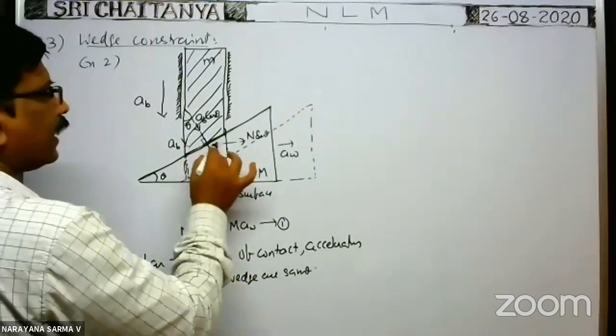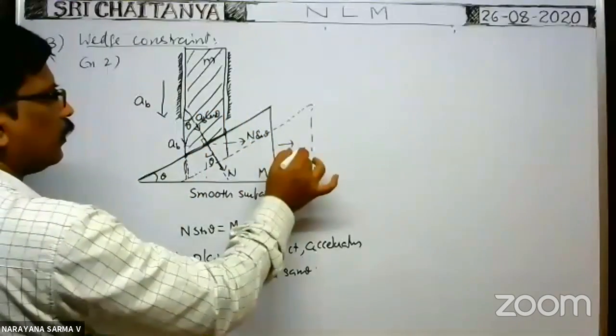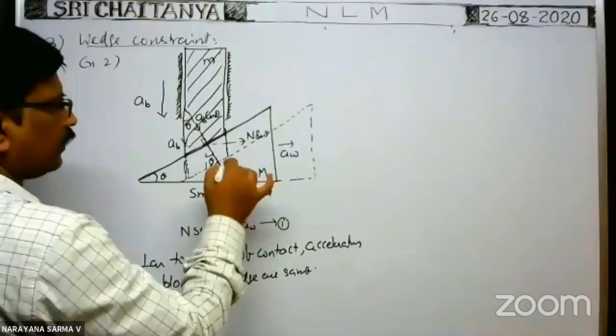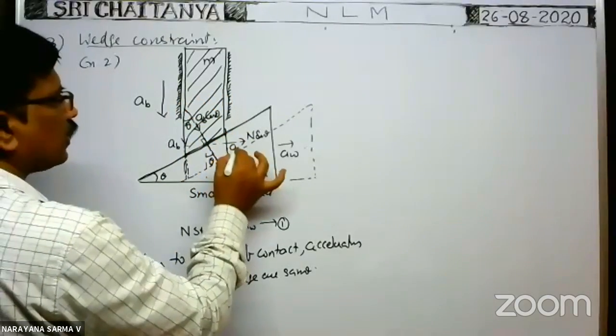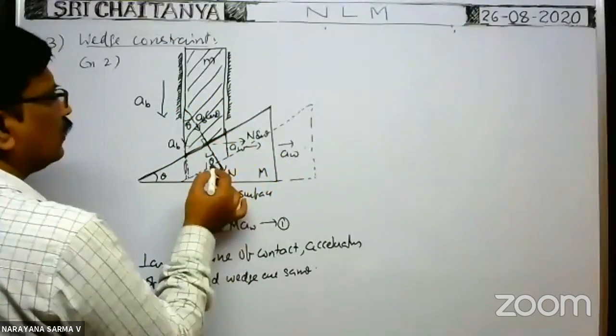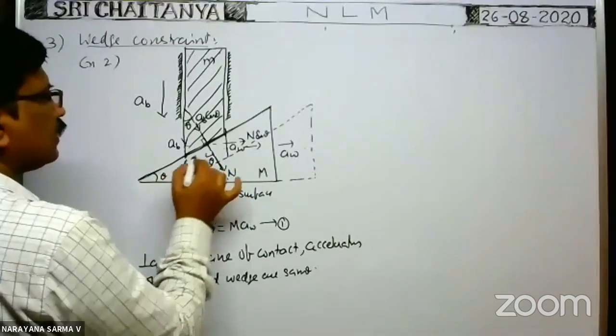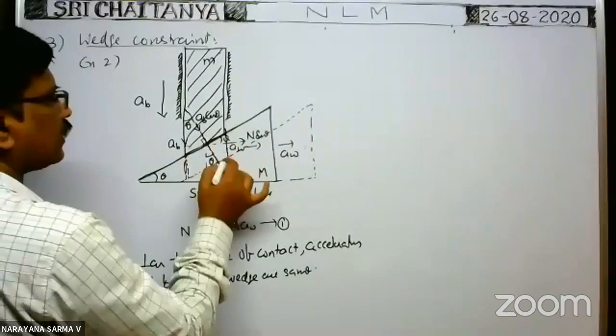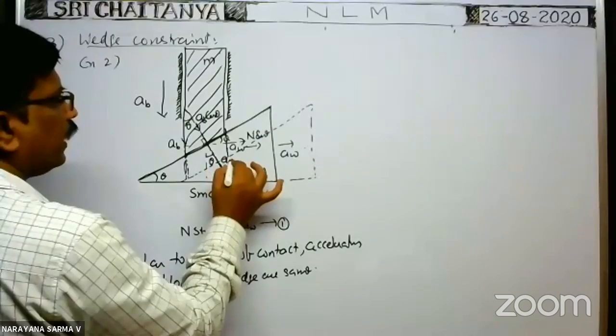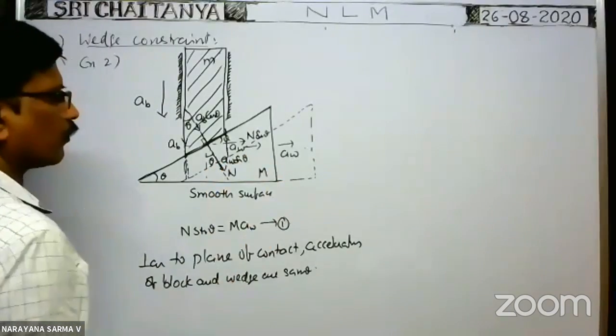Okay, in this direction, acceleration of the wedge is AW. Perpendicular to the plane of contact, in this direction, if this is theta, then the acceleration of the wedge is equal to AW sine theta, no?